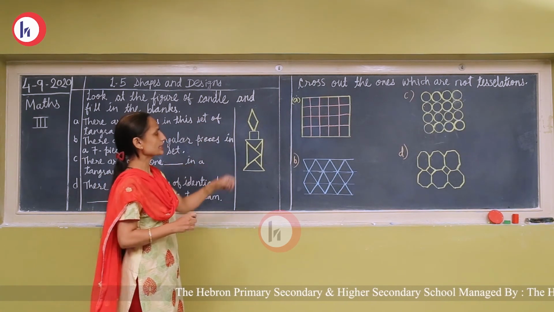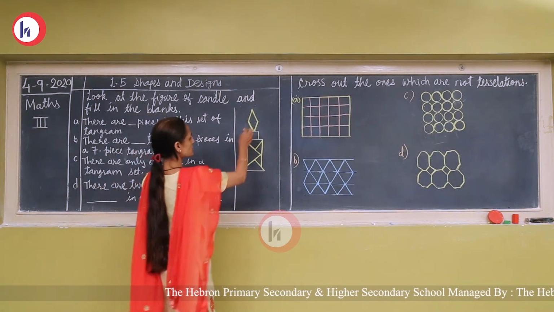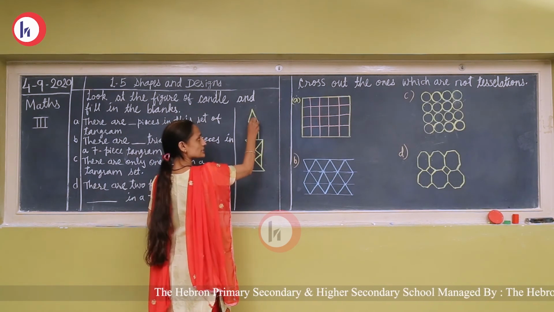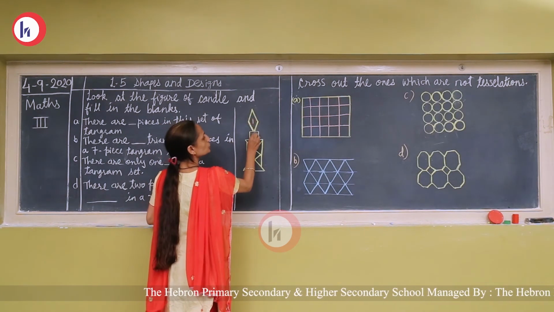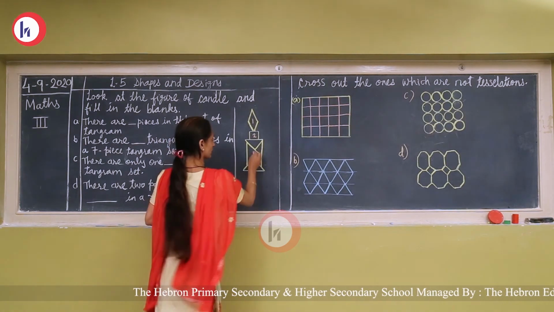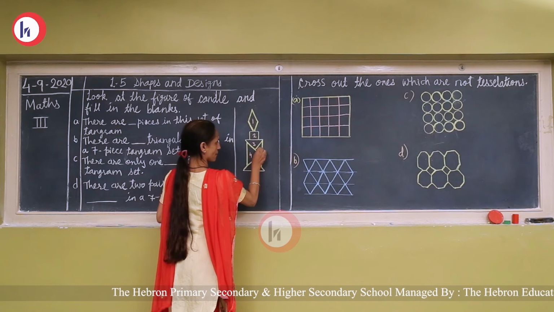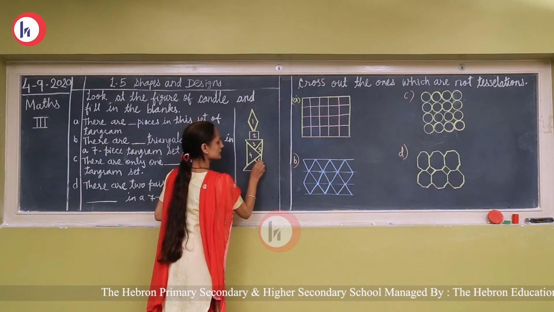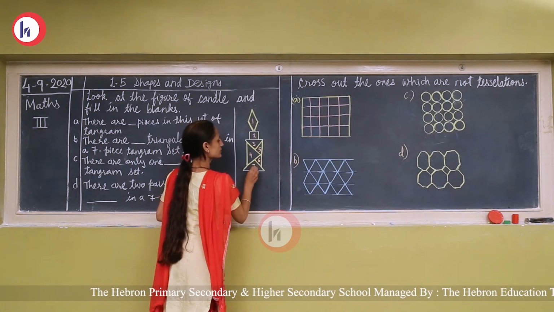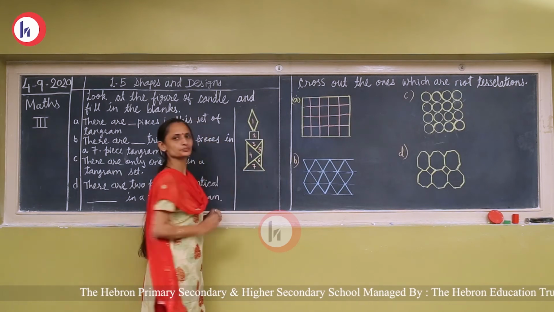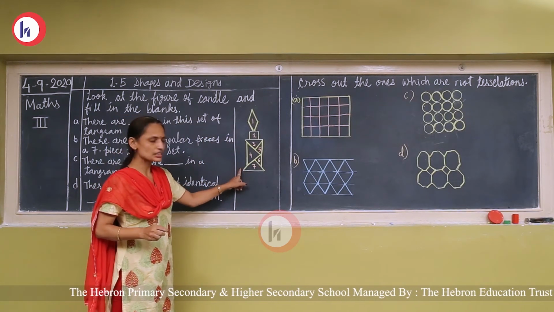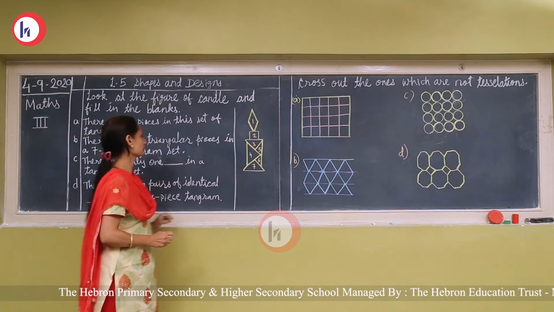First we will write the numbers. See which number, how many pieces I have used? 1 number, 2 number piece, then 3 number, 4 number, 5 number, 6 number and a 7 number. Means it is a 7 pieces set.